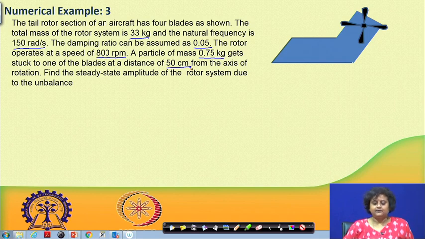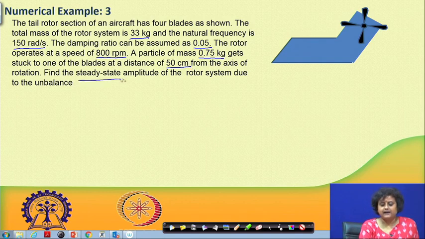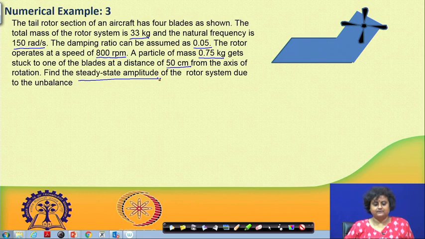Therefore, as the particle gets stuck to one of the blades, there is a rotating unbalance, and as a result this whole rotary system or the whole rotor section is going to start vibrating. What we need to find is the steady state amplitude of the rotor system in the vertical direction due to this unbalance. So, let us summarize what we know.